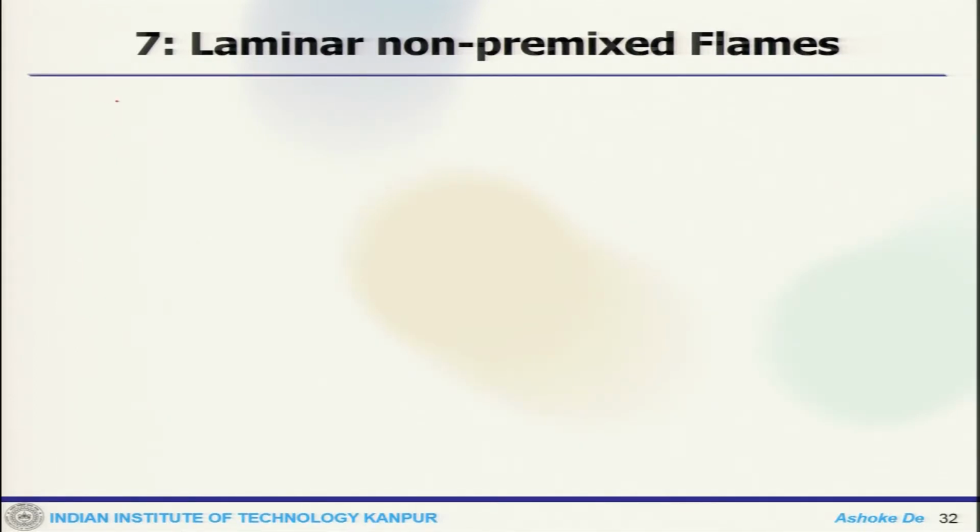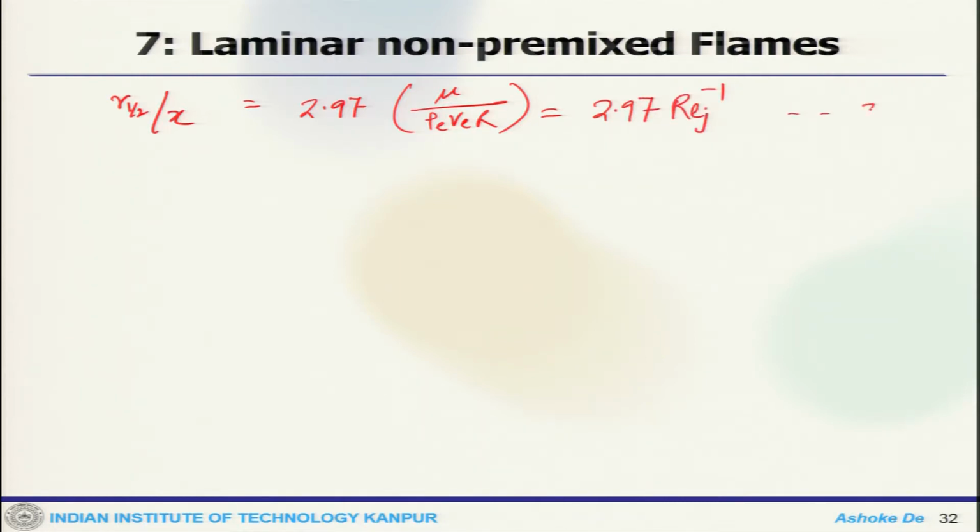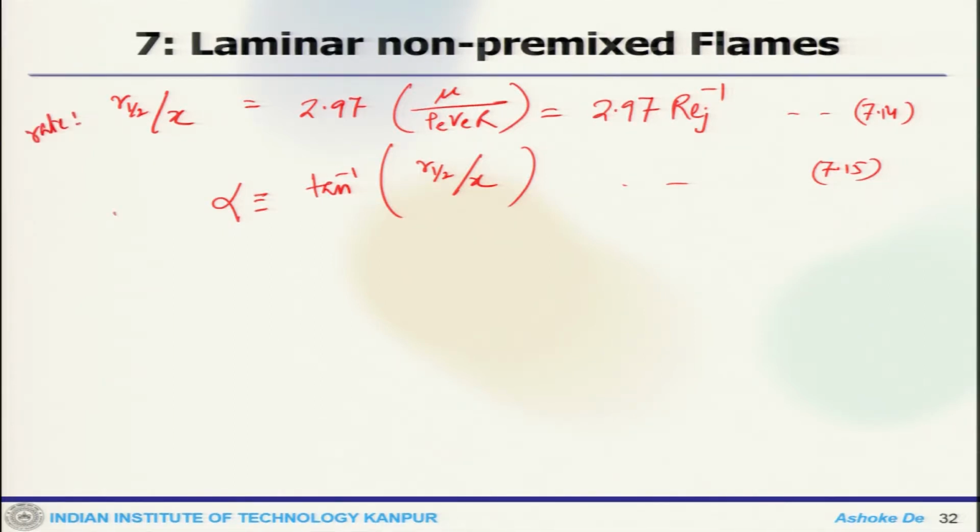So, the spreading rate one can estimate would be 2.97 times Re_j to the power minus 1, and the spreading angle will be tan inverse of R half by x. So, that is how you get one spreading rate and one spreading angle.